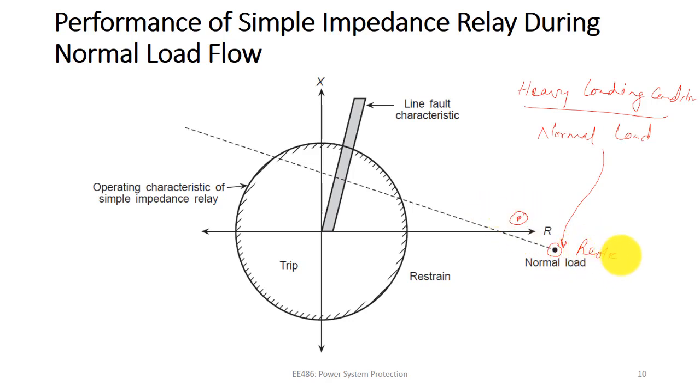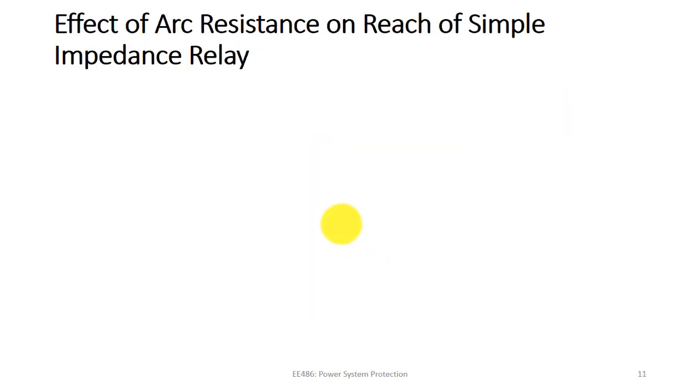It is lying in the restraining region, so it will not trip under normal load condition. If some abnormal condition happens, the point may come inside the operating characteristic, and then the relay operates, the relay trips. Now we'll see the effect of arc resistance on the reach of the simple impedance relay. Already we talked about this.